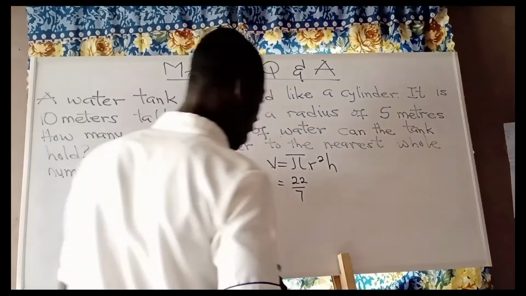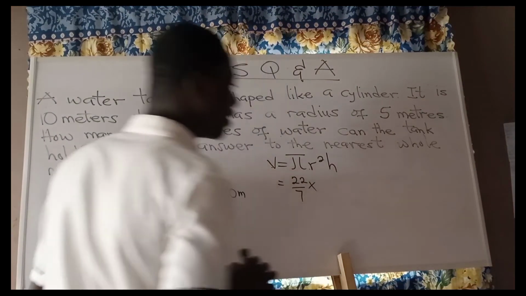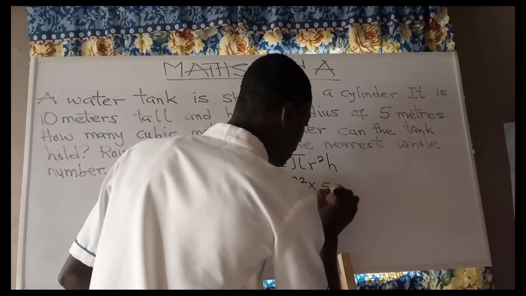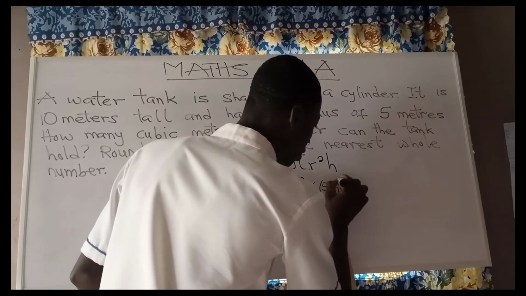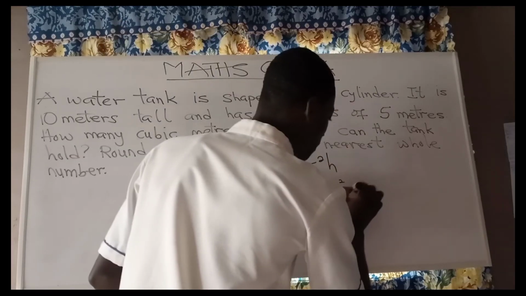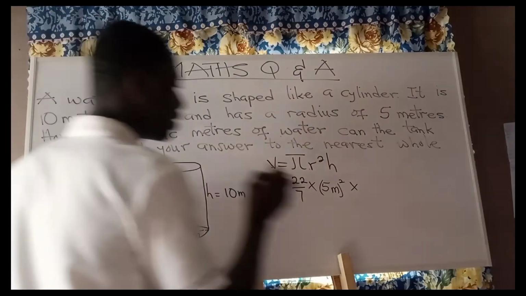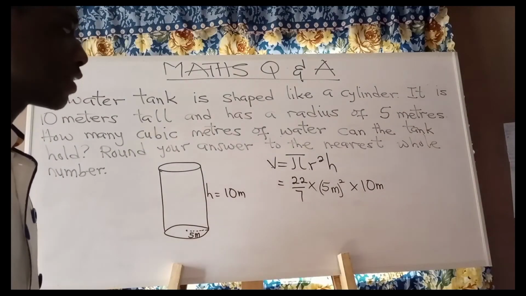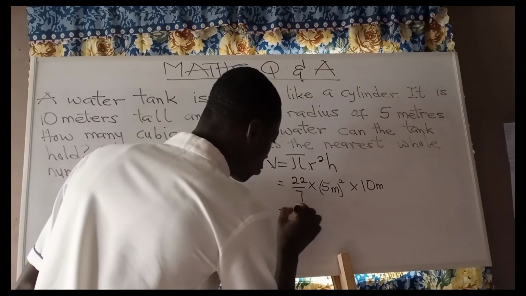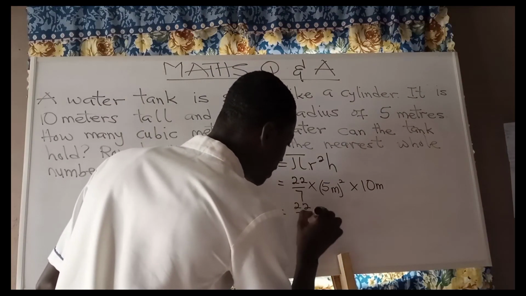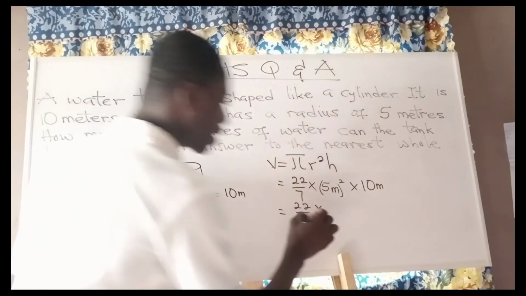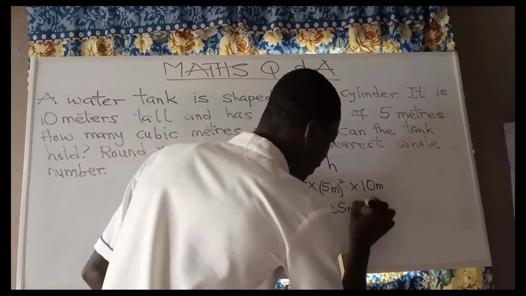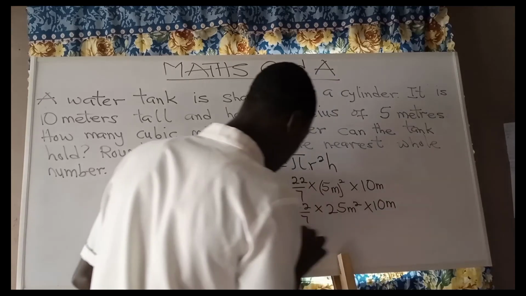So we have 22 out of 7 multiplying, the radius is what? 5. So we have 5 meters all square, and then multiplying the height. The height is what? 10 meters. So we have 22 divided by 7 times 5 meters square, which gives you what? 25 meters square, and then you multiply that by 10 meters.